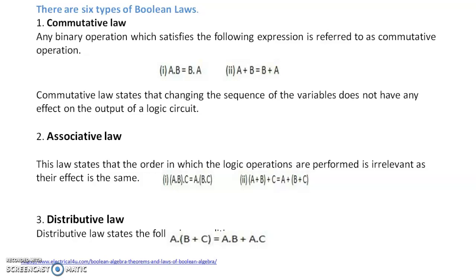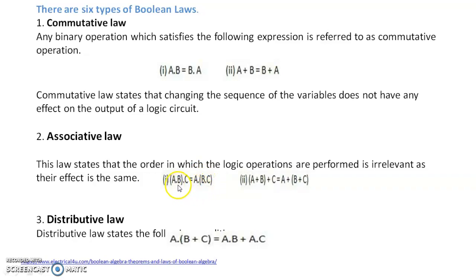The second one is the associative law. This law states that the order in which the logic operations are performed is irrelevant, as the effect is the same. In the first example, A into B in brackets, multiplied with C, is equivalent to A multiplied with B and C in brackets.